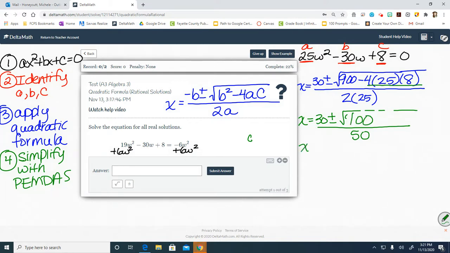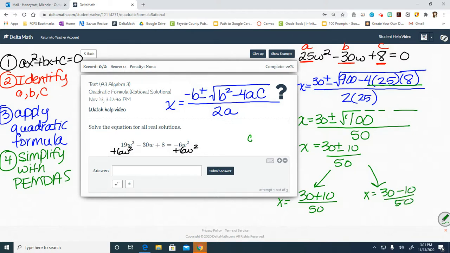Then go from there. Take the square root. 30 plus or minus the square root of 100 is 10 over 50. And this is going to lend itself to two answers. One answer is 30 plus 10 divided by 50. X equals that. And the other one is 30 minus 10 divided by 50. This plus or minus symbol here is going to give me two different answers.